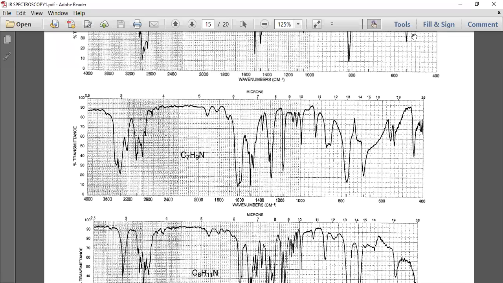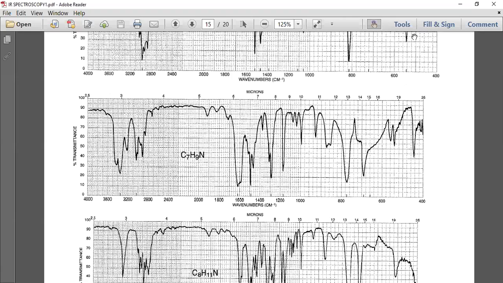So if it is an n-alkane, it should have 16 hydrogens, 2 into 7 plus 2. Whereas it is having only 9 hydrogens. In the case of nitrogen, if you want to calculate the degree of unsaturation, you need to decrease one more proton. So for a normal alkane C7, it should have 16 hydrogens, and here we have only 9 hydrogens.